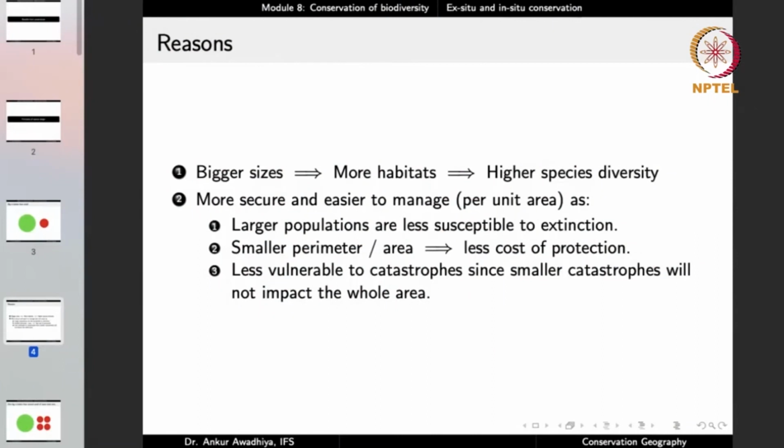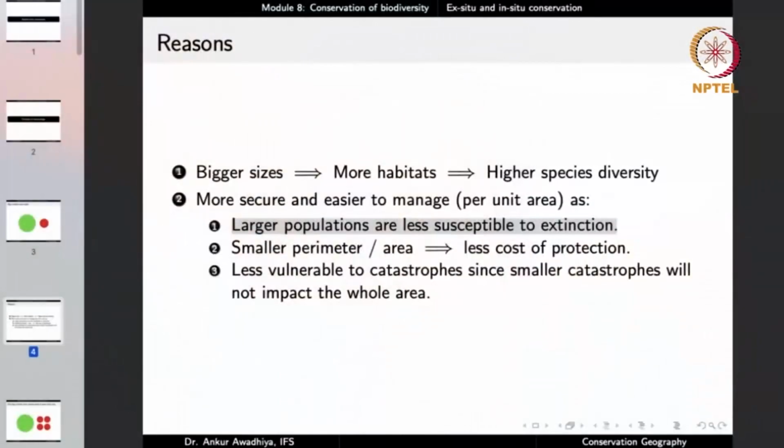But it also has another plus point. It is often more secure and easier to manage per unit area. So there is more security and it is easier to manage. Why? Because once you have large habitats, more habitats, then the larger sized populations will be less susceptible to extinction.